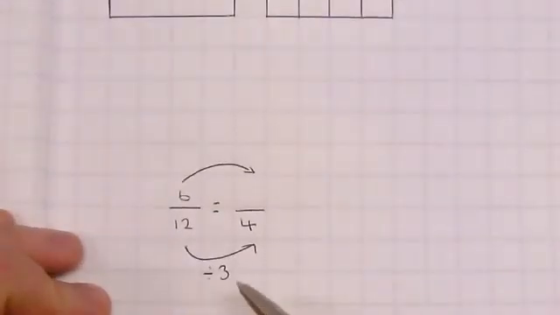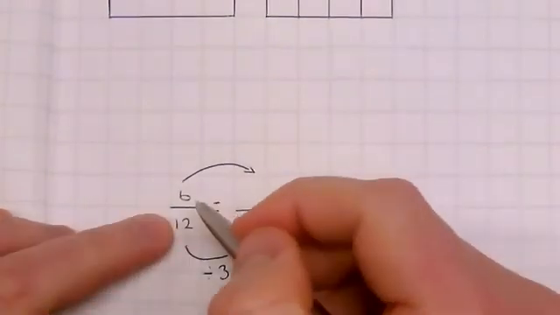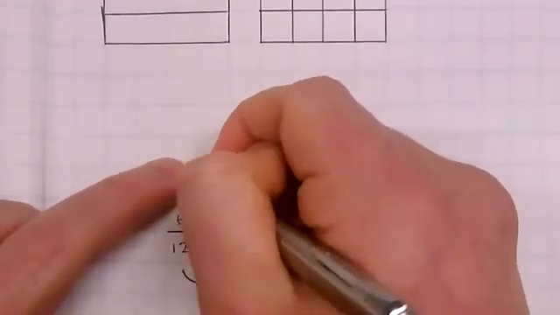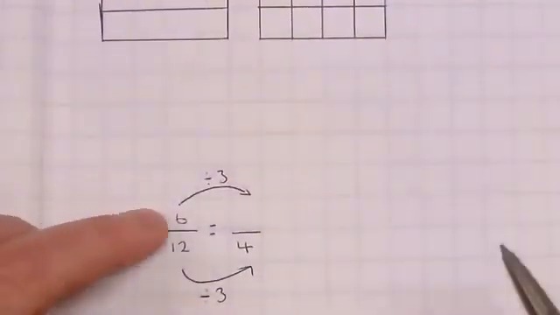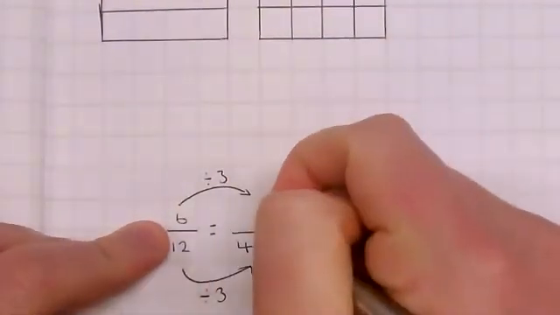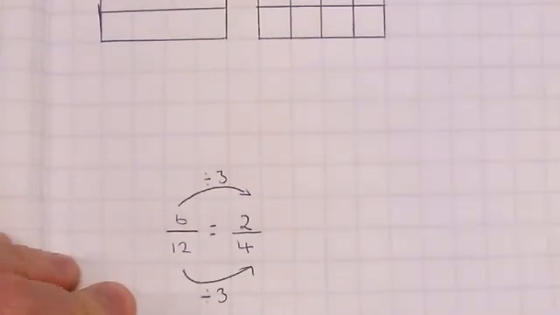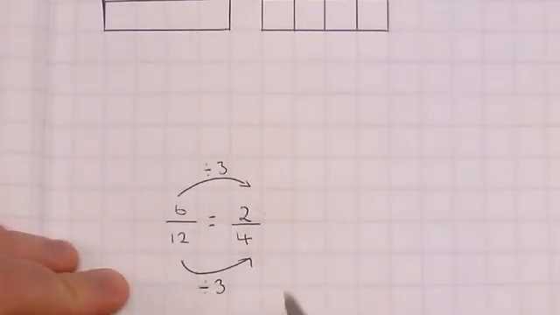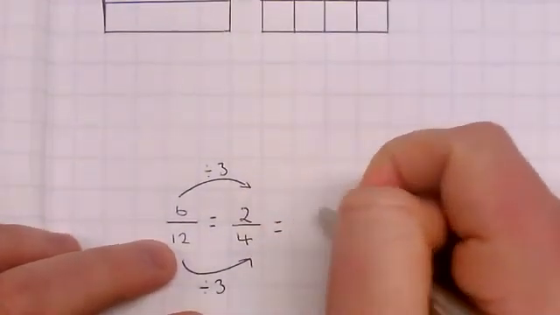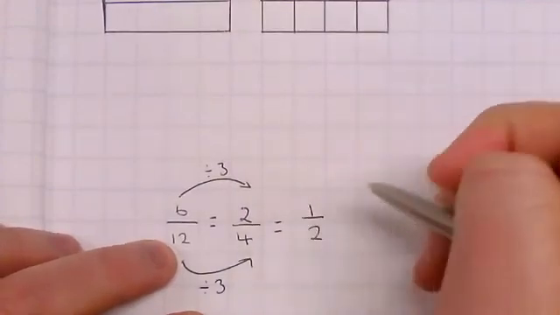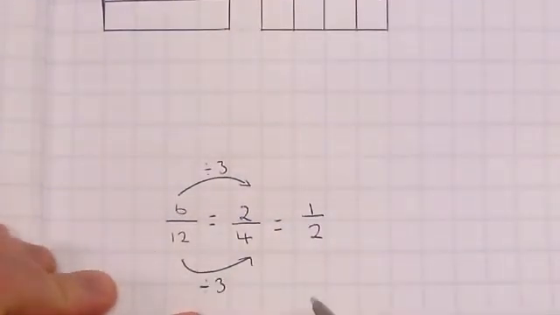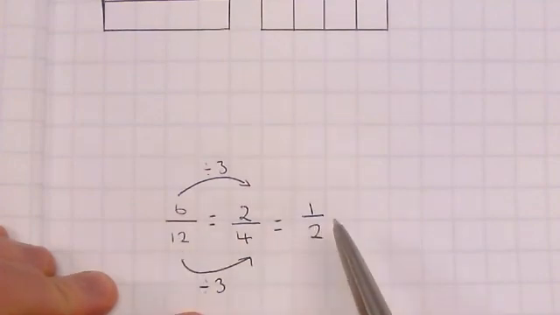What I do to the bottom, I do to the top. 6 divided by 3 is 2. Therefore, 6/12 is the same as 2/4, which can be simplified to 1/2. They're all a half. They are all equivalent to 1/2 in its simplest form.